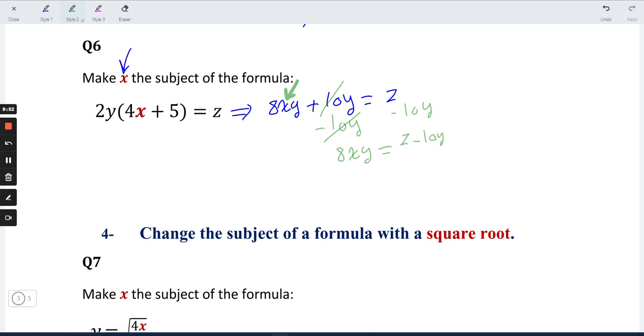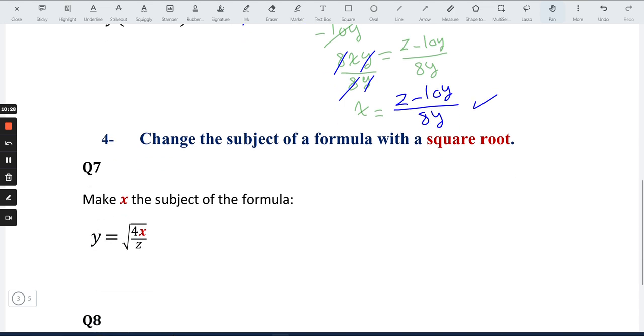Now we need x isolated. As I said, we will divide both sides by 8y. Now 8 with 8, y with y, left over is x over 1, which is x, which is equal z minus 10y dividing by 8y. That's it.